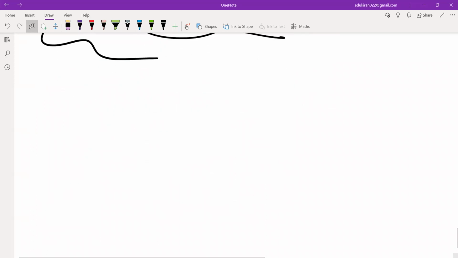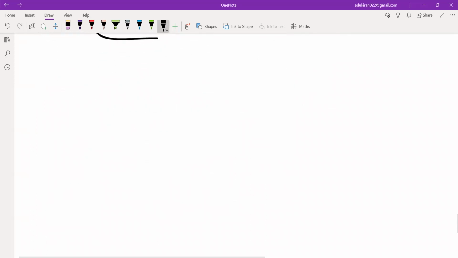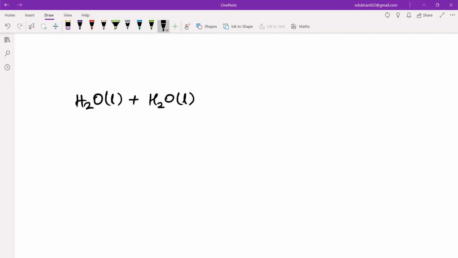And if it is a weak electrolyte, then there will be an equilibrium like this: H2O liquid plus H2O liquid. If I have two water molecules like this, they can ionize into H3O positive in aqueous and OH negative in aqueous state, right?